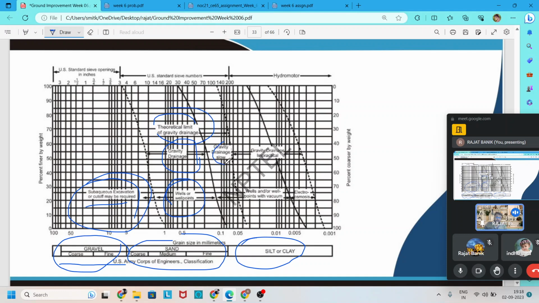And for that reason, gravity drainage, well points, or electroosmosis are used. In this way, by this chart, we can see which technique needs to be used in our construction based on our particle size distribution.